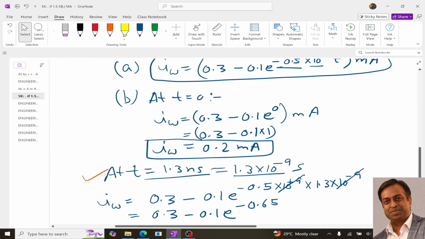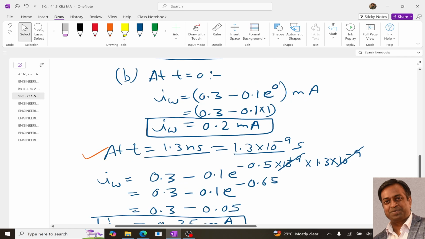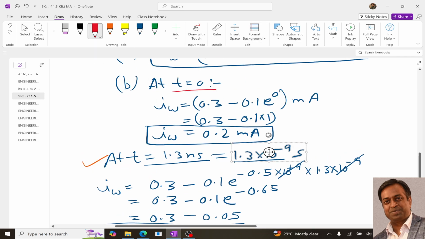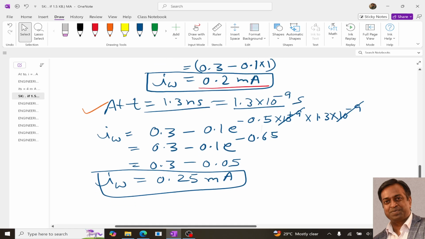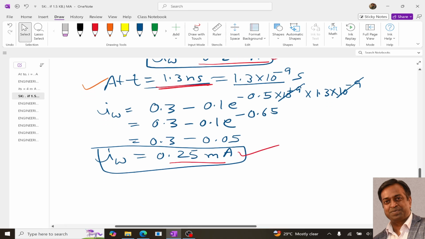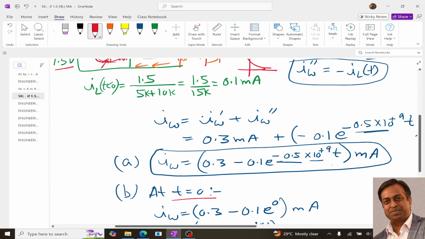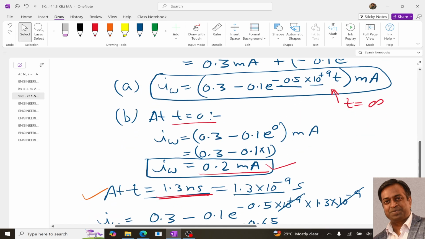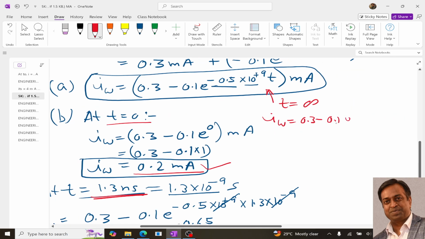And this is what we can observe over here: at t equals 0 the current is 0.2, and at 1.3 the current has increased from 0.2 to 0.25. And if I substitute t equals infinity in this expression, I get IW equals 0.3 minus 0.1 upon e power infinity, because t will be infinity.